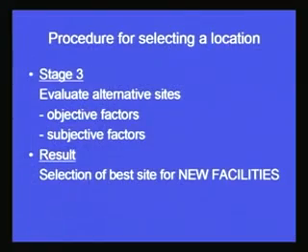Now, this would result in the best site for new facilities. So, new facilities means that the procedure that we are following for choosing an appropriate location for setting up a facility is for the case where we are setting up a new facility. It is not a revamping of the old facility, it is the setting up of a new facility.